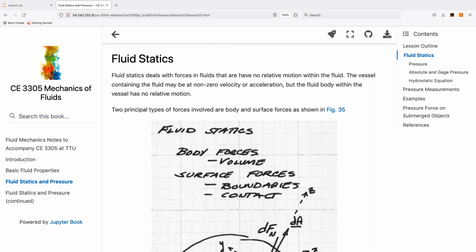So the coffee at the top of the cup, or the energy drink at the top of the can and the bottom of the can aren't really moving relative to one another. So that the fluid within the vessel has no relative motion. And that, in many instances, is a fairly realistic approximation that's useful.